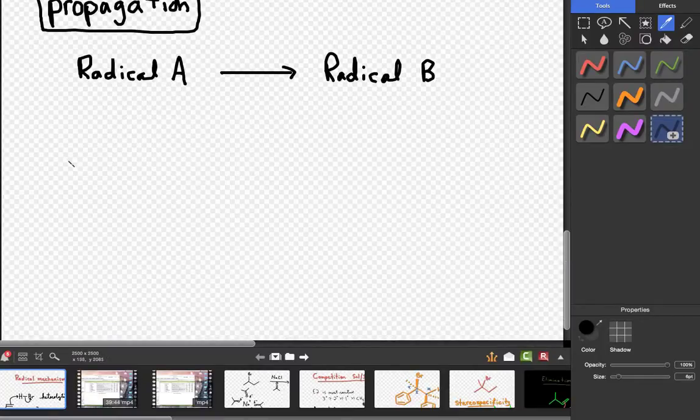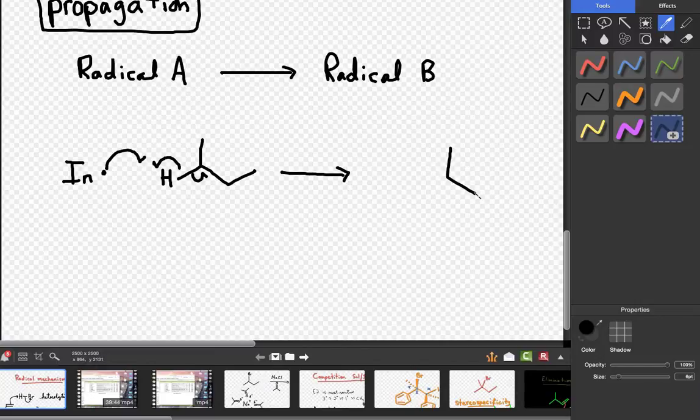For example, let's say that I already have a radical that we call an initiator. And I have a carbon molecule. And the new carbon radical that I make is different from the initiator that I had in the beginning of the reaction.